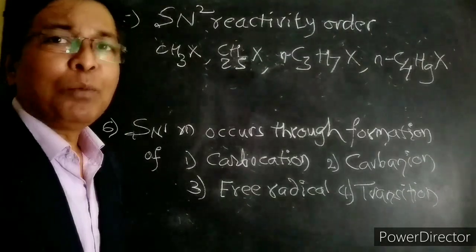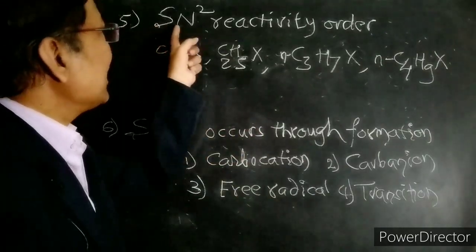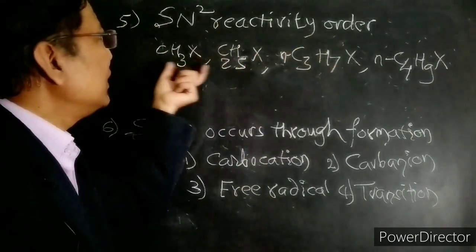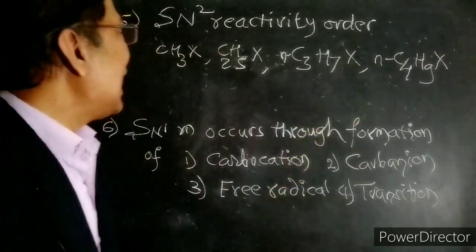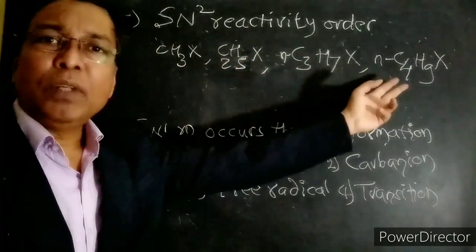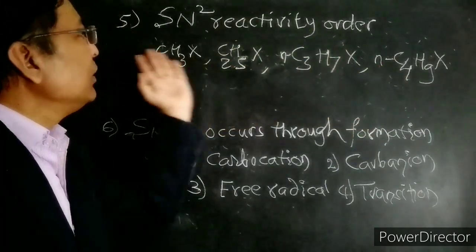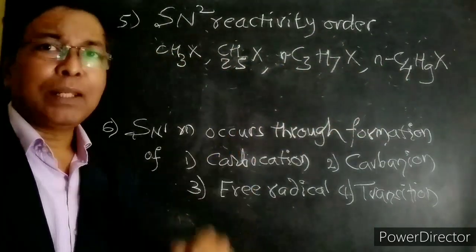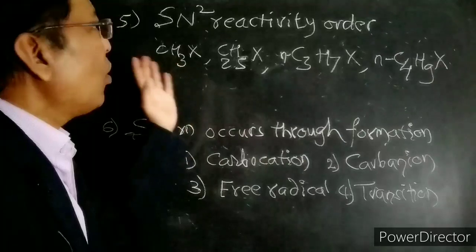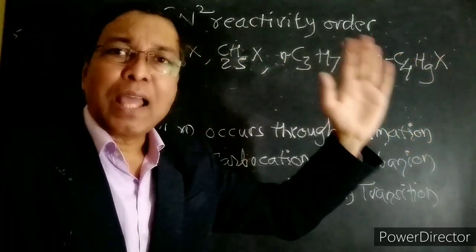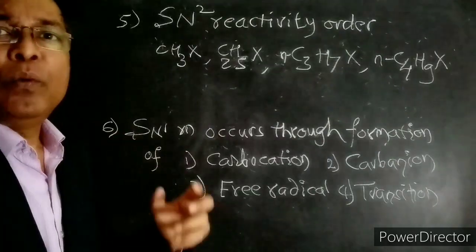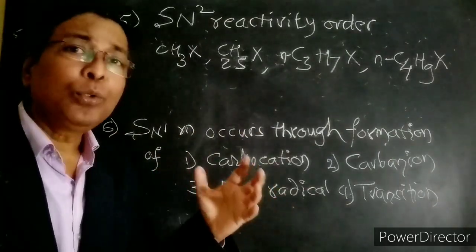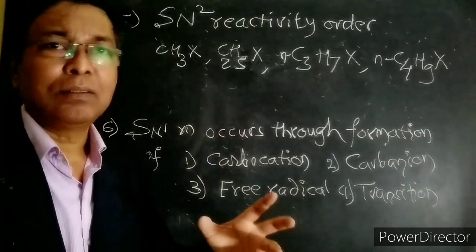Now let us take one more example, that is, write the SN2 reactivity order of these molecules. Here the halogen atom is the same, and if we write the structure of each molecule, all these molecules are primary alkyl halides. That means all will undergo SN2 reaction, and we have to decide which will undergo SN2 reaction very fast.